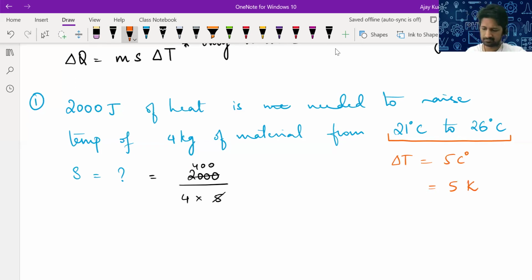So substituting it here, 2000 by 4 is 500, 500 by 5 becomes 100 joule per kg per Kelvin. Or per Celsius degree also you can write, because these are temperature changes. Only temperature will not be same on Celsius and Kelvin scale, but changes in temperature will be same. Keep that point in mind.